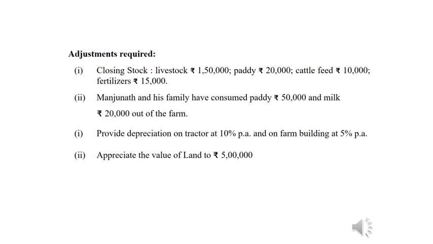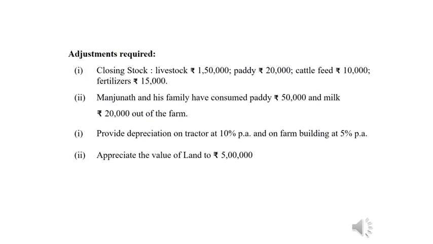Next, adjustments required. Closing stock: livestock rupees 1,50,000, paddy rupees 20,000, cattle feed rupees 10,000, fertilizers rupees 15,000 are given. Manjunath and his family have consumed paddy 50,000 and milk products 20,000 out of the farm. Provide depreciation on tractor at 10% per annum and farm building 5% per annum.